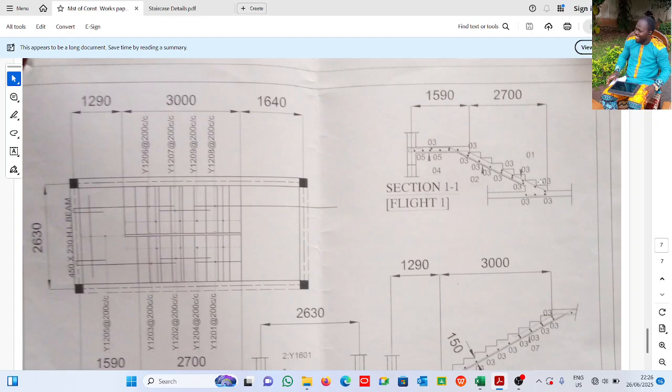So 300 times 7 is what? 21. 3 times 7 is 21. So that's 2,100. But what we have here is 27. Exam. Again, they want to test your understanding. If this is 27, then this will not be 7. This should be 9. Because it's 3 times 9, that will give you 27.